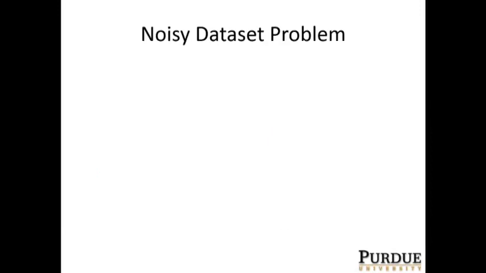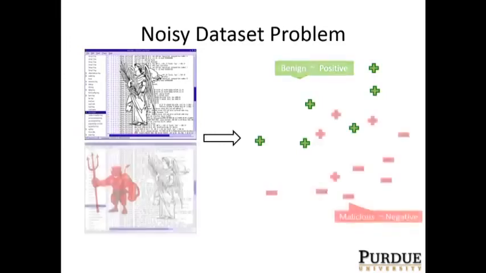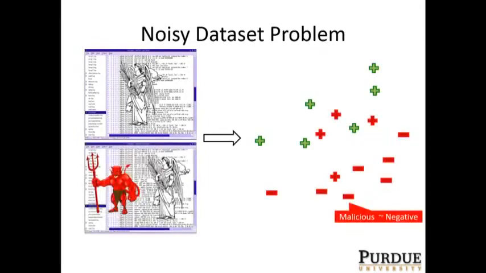Let's explain what exactly the problem introduced by the noisy dataset is. In the first stage, we could obtain the pure benign dataset to provide positive training samples. And then we could also obtain the dataset containing camouflaged attacks as the negative training samples.